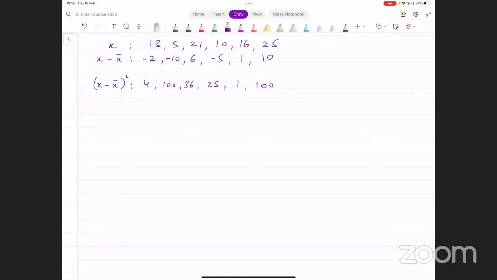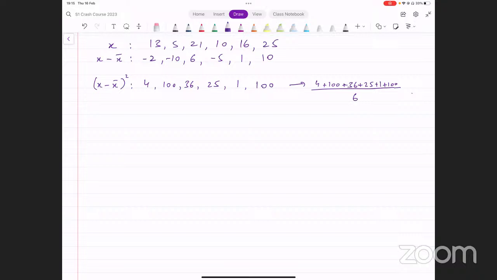So we add all of these numbers up, 4 plus 100 plus 36 and so on, up to the last number, which is 100 again. We add all these numbers up and divide by 6 to take the average of these squared differences.